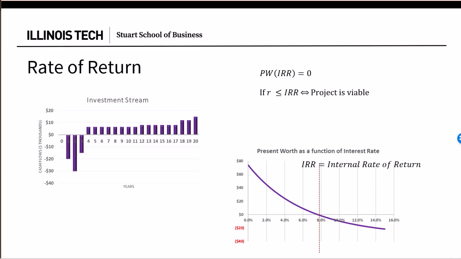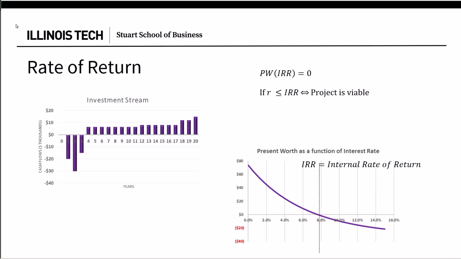We know that if the interest rate is below the IRR, then we're going to say that the project is viable. What this means is that when the interest rate is lower than the IRR, the returns from the project exceed what we would get if we invested the money at a rate of VAR.